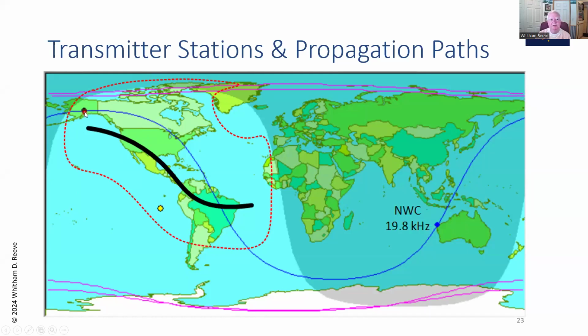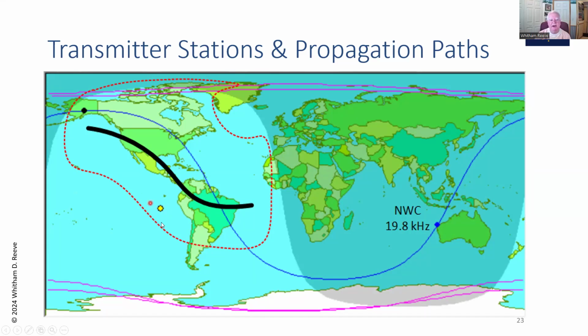Now, the short path would go to the west and then down like that. And the long path then would go to the east and then down and over to Northwest Cape. And you can see that the eclipse path shown by the black line here actually crossed that long path.